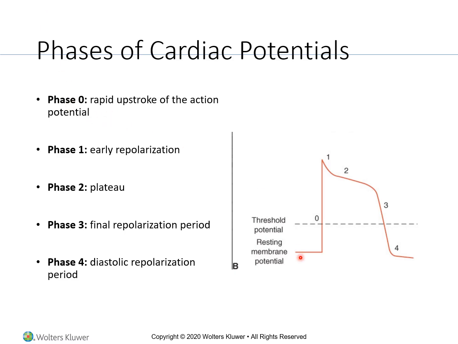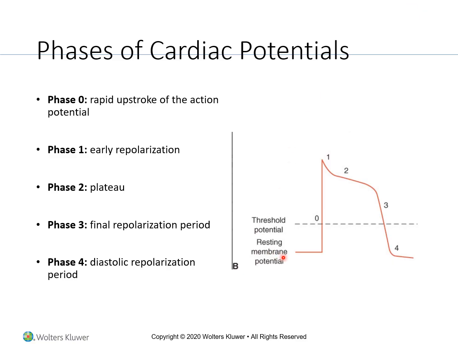This is the rapid upstroke of the action potential. During this phase, sodium channels open when they reach their depolarization threshold. So when there's a single signal strong enough to cause depolarization, those sodium channels open and sodium floods into the cell, making the cell interior highly positive.